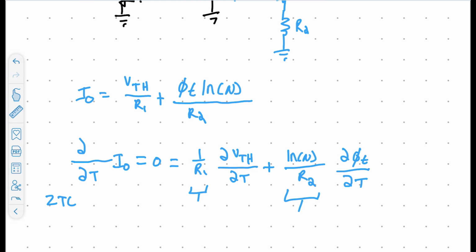They're just essentially multiplying whatever the derivative of those other two parameters are. And phi t is a known quantity, the derivative of that is, and the threshold voltage tends to be around minus 1.4 to minus 2 millivolts per degree C.